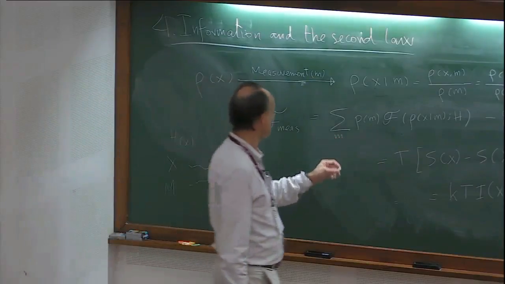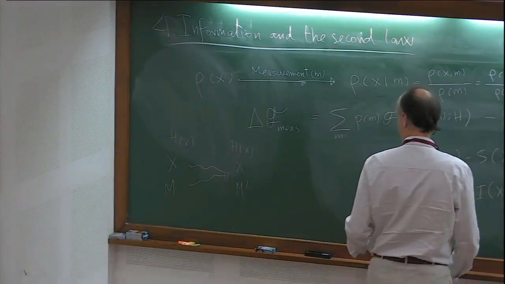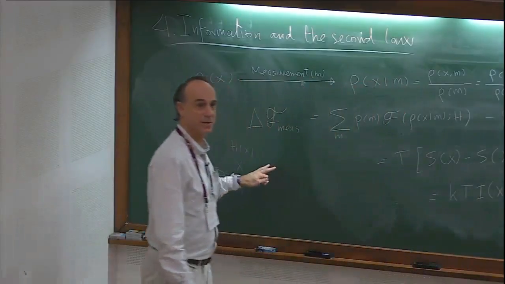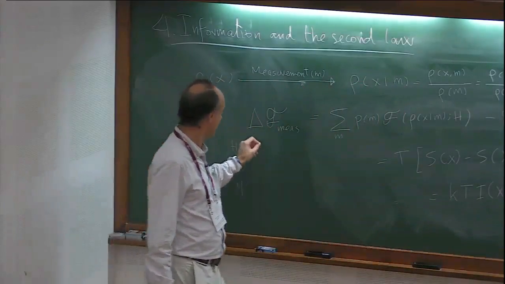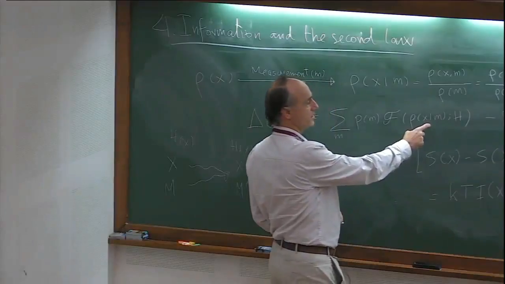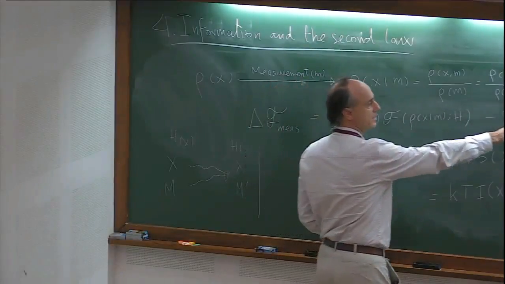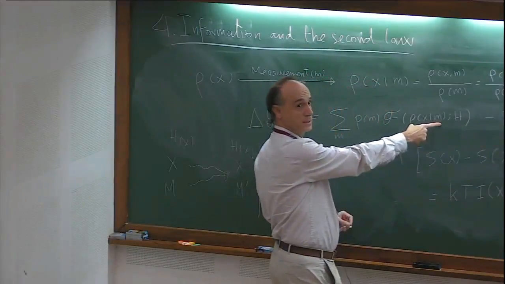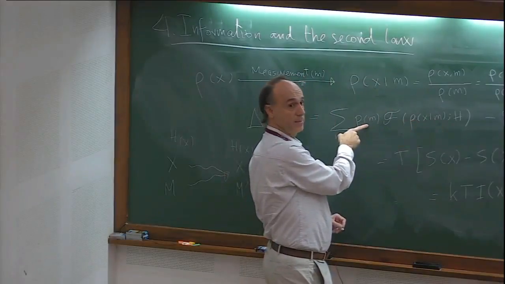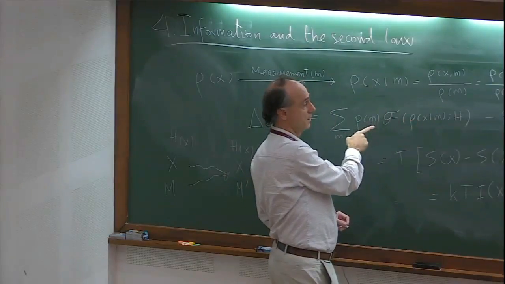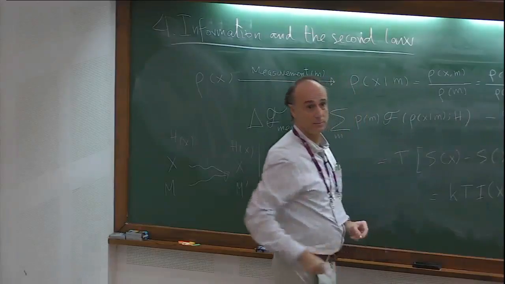So this is why the energy, the energy. I don't know if you can see here. Here you have the energy of this state minus the energy of this state, averaged over m, and they cancel.